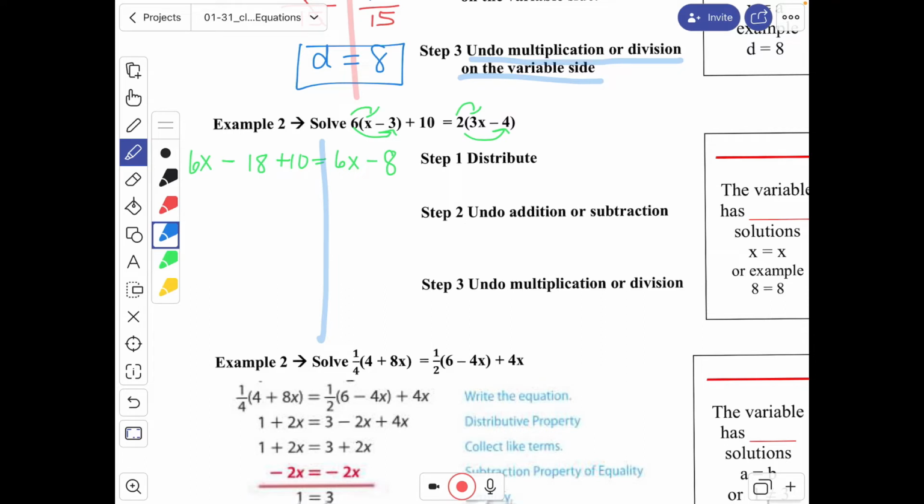Then we're going to solve the equation. Remember, we need to put both the variables on one side. And we've talked about we always move the little guy first. Well, they're both 6x. So it doesn't really matter. If I subtract 6x from this side and 6x from this side, then they both cancel.